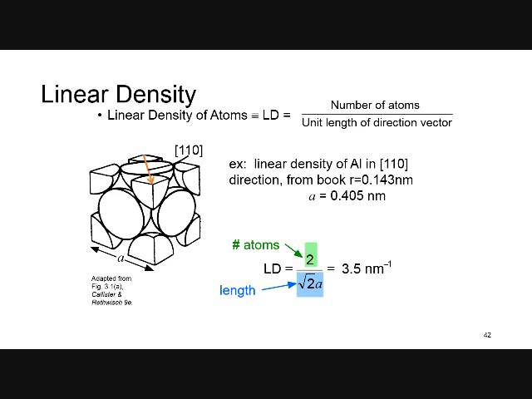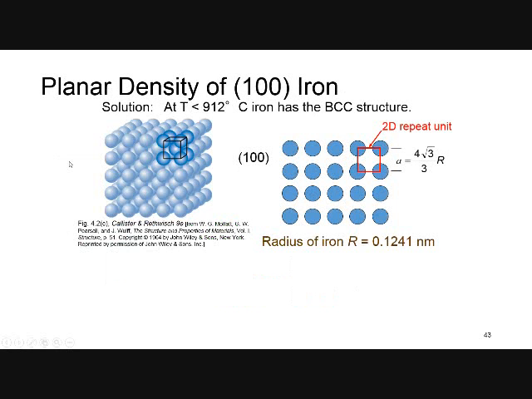A similar definition can be made for planar density, as shown here. So what we do here again, we look at the 2D plane or a 2D view of the unit cell. We find the number of atoms in that 2D view and then divide it by the area of the unit cell.